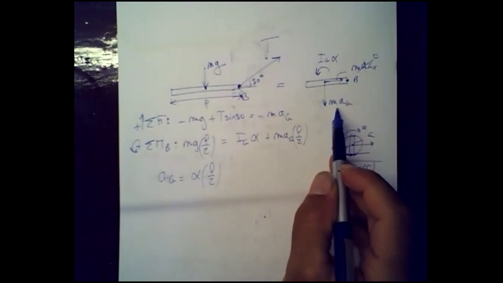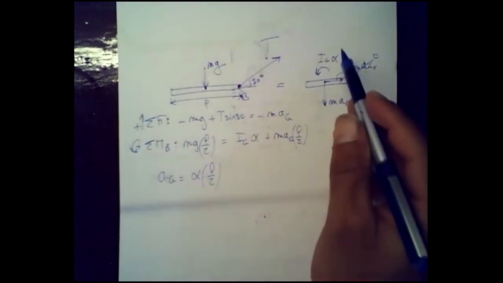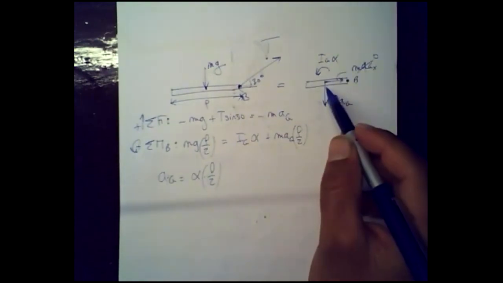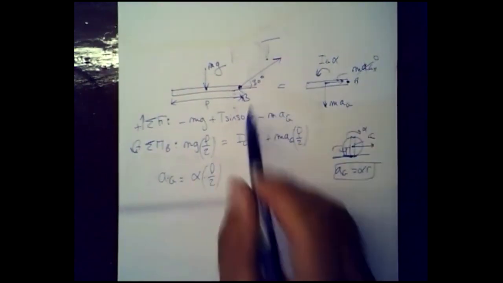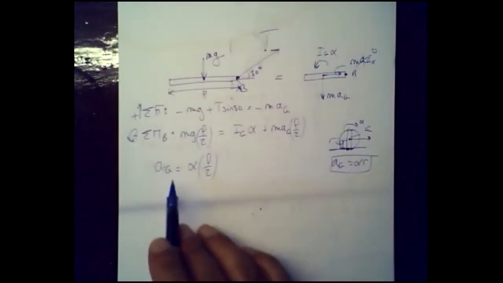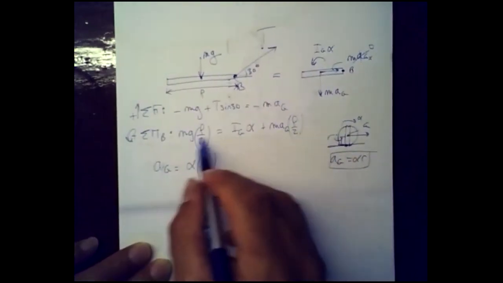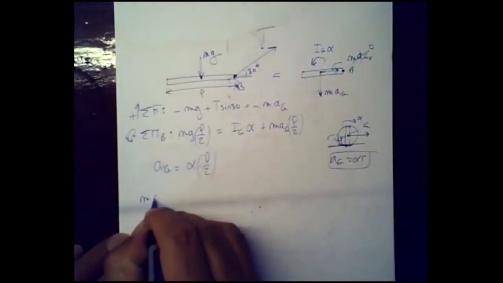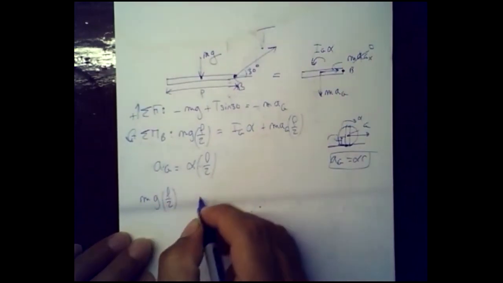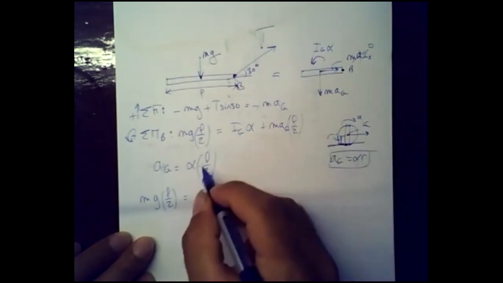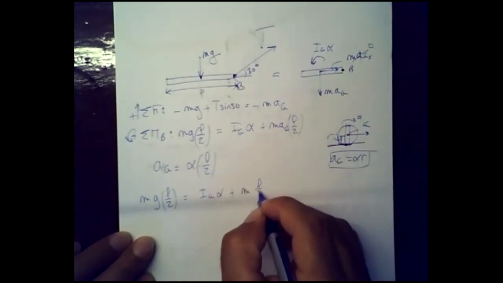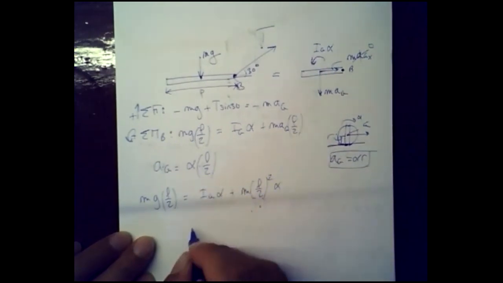So in this case, it suffices to simply consider the vertical component of the center of gravity's acceleration, relate that to alpha, and solve the problem. So AG is equal to alpha over 2, so I'm going to come back to that second moment equation: mg L over 2 is equal to IG alpha plus M, with AG being alpha L over 2, so M L over 2 squared multiplied by alpha.